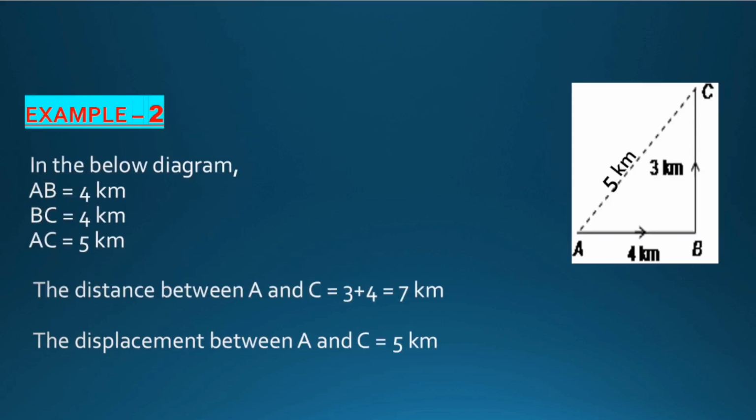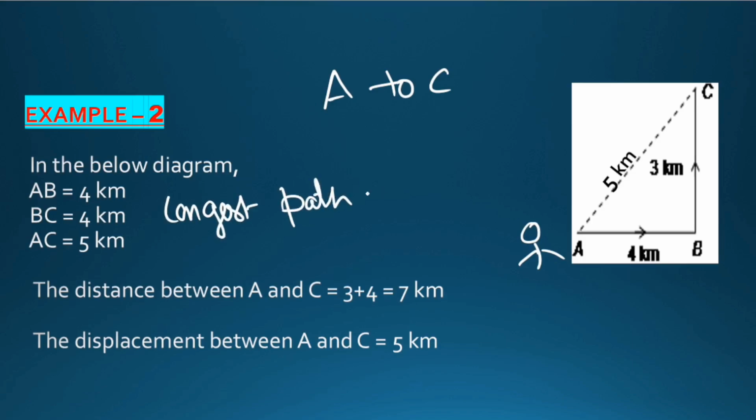See another example. Observe the diagram. Here it is a right angle triangle shape, right? If a man wants to reach C, that is A to C, which is the longest path? Here I am writing the longest path equals A to B and B to C, nothing but 4 plus 3 equals 7 kilometers.